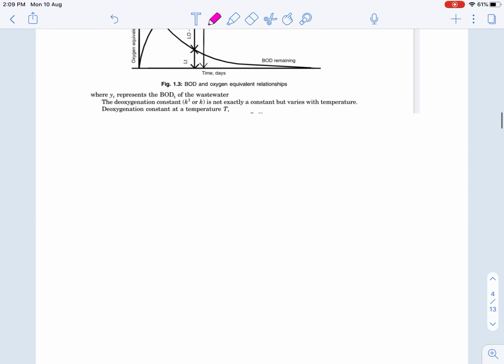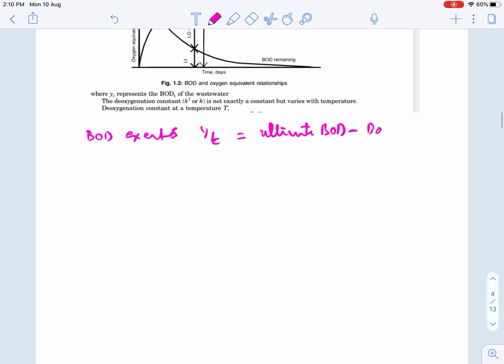Now the oxygen equivalent consumed, or BOD exerted. What do we mean by BOD exerted? BOD exerted Yt is equal to ultimate BOD minus BOD remaining at time t.